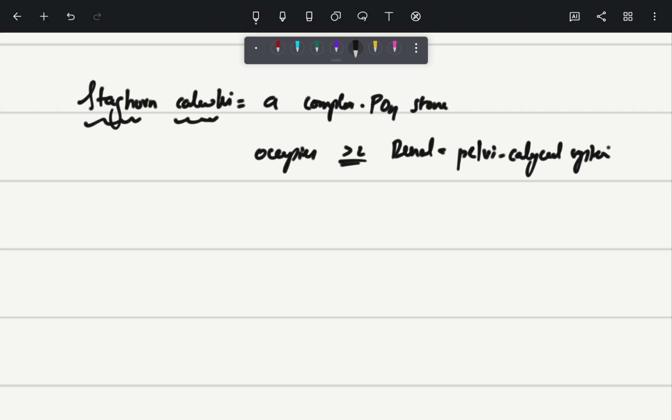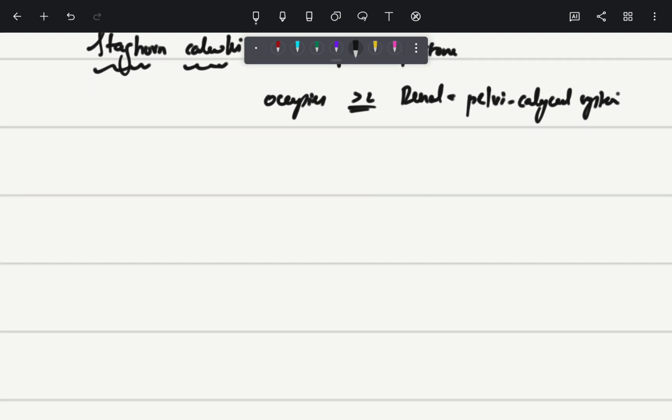So a staghorn calculus is a complex phosphate stone which occupies greater than 2 renal pelvic calcial systems.